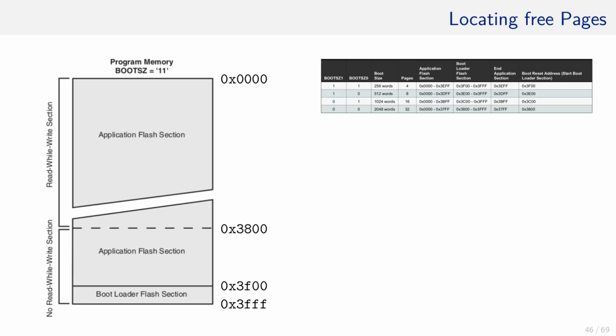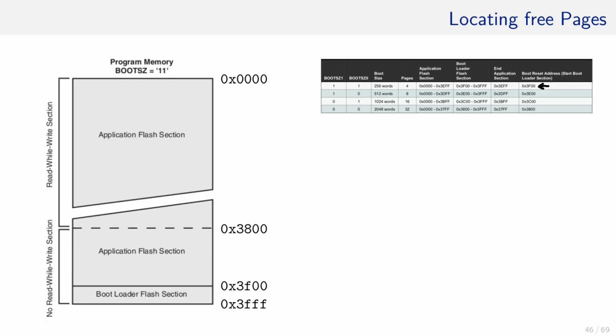Here, the organization of the flash is shown. The configuration table indicates that for the BOOTSZ setting of 11, the bootloader section starts at address 3F00. While this setting does not have any impact on the size of the no read while write and read while write sections, their boundary is always at address 3800 in hexadecimal format.